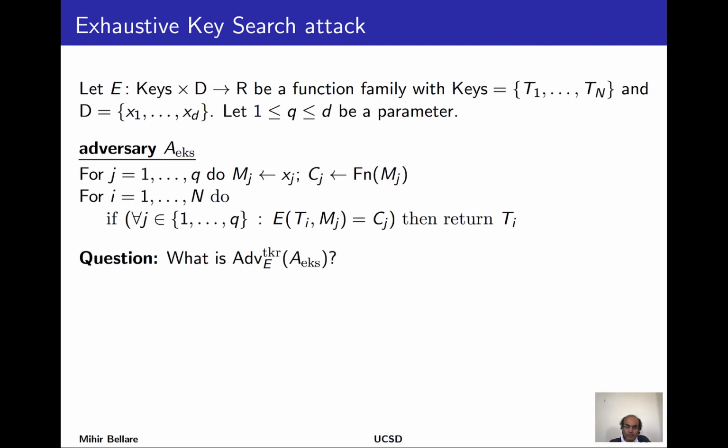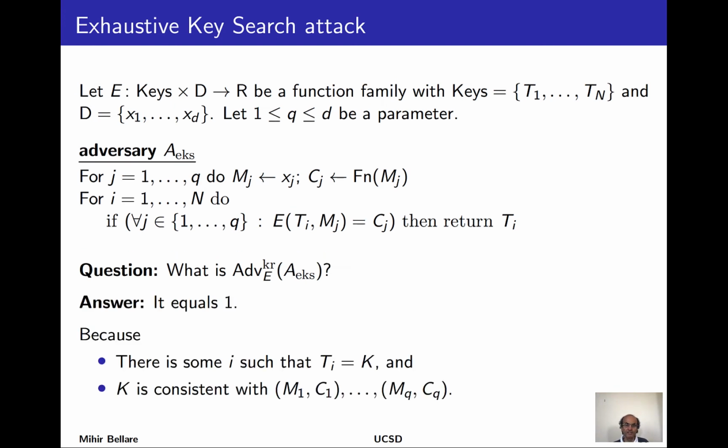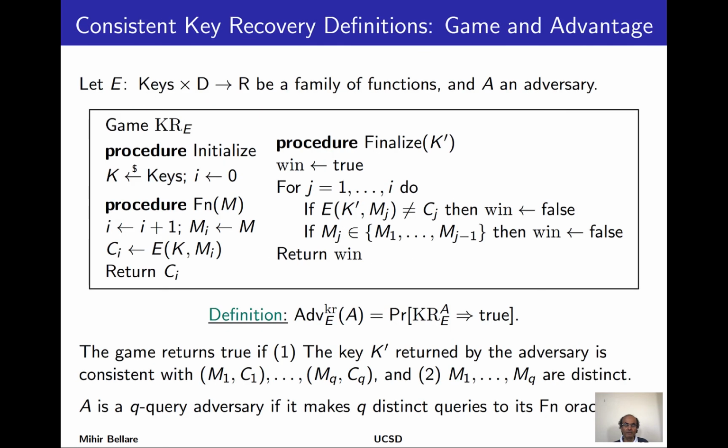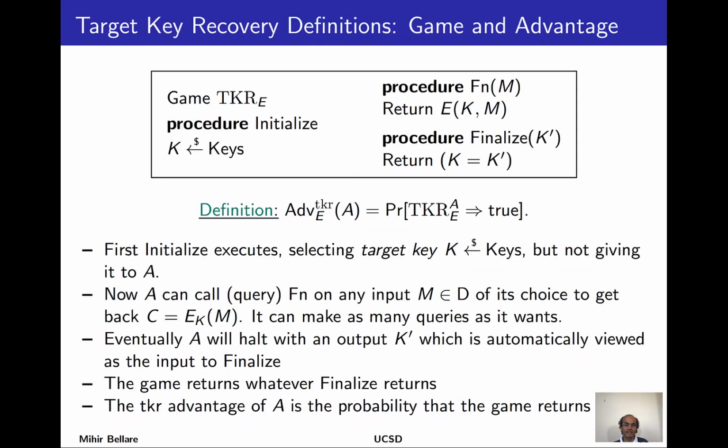Now, remember we had two metrics of security. We have so far assessed how well the adversary does, this specific adversary, exhaustive key search, relative to the metric of consistent key recovery. What about target key recovery? Does the adversary succeed in recovering the actual key that the game has chosen and used as the target? To do that, we would look at the definition of target key recovery.